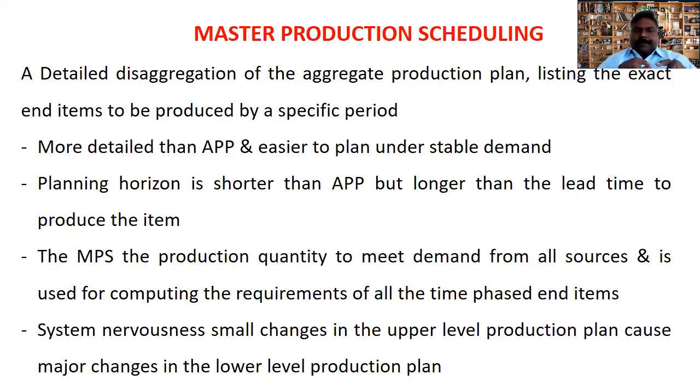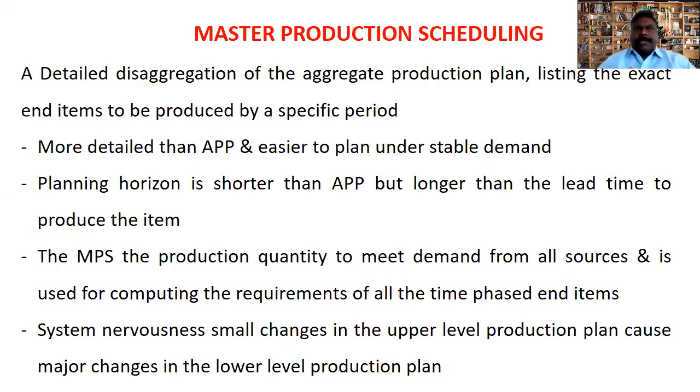Here we have some bottlenecks like system nervousness. Small changes in the upper level of the production plan cause major changes in the lower level. In system nervousness, in the upper, top level, we make a few changes that may change the whole system. That is called system nervousness.